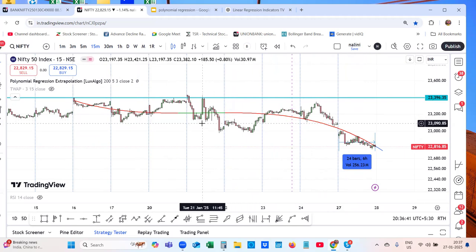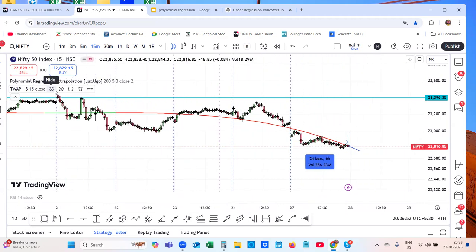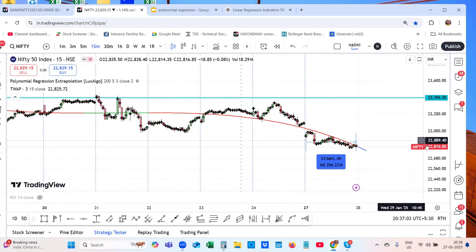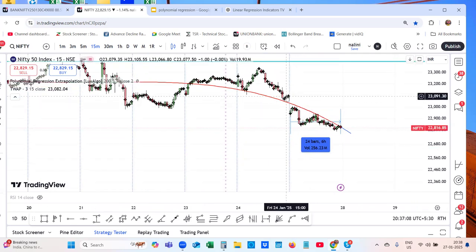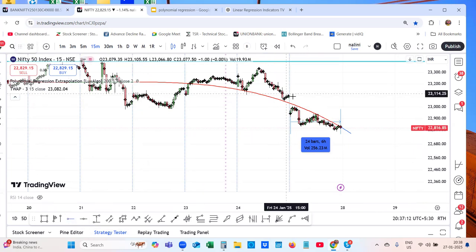Combined with TWAP, I am using TWAP to take the trade. I know the trend is down. Even though price has climbed up, the line is bending down, and here TWAP, average price, is there.